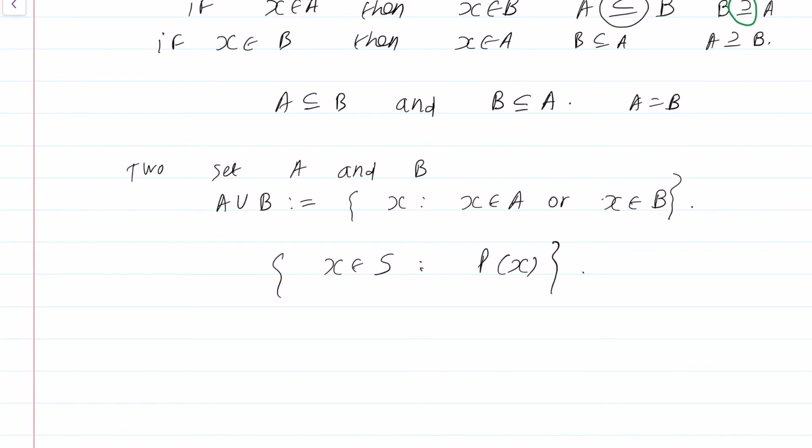Now, what set is the property that we are considering in the definition of the union defined over? I have defined A union B as a set of all x such that x is in A or x is in B. So belonging to A or belonging to B is the property, but it's not clear which set the property is defined on.